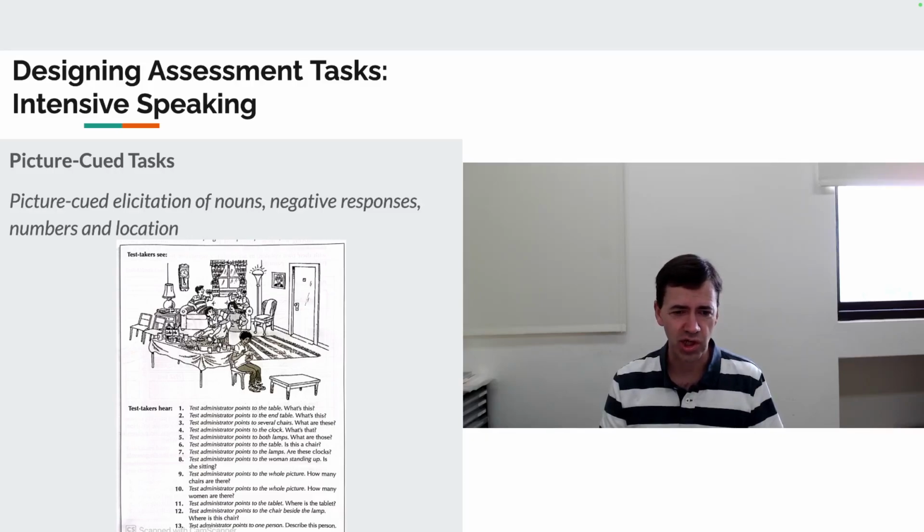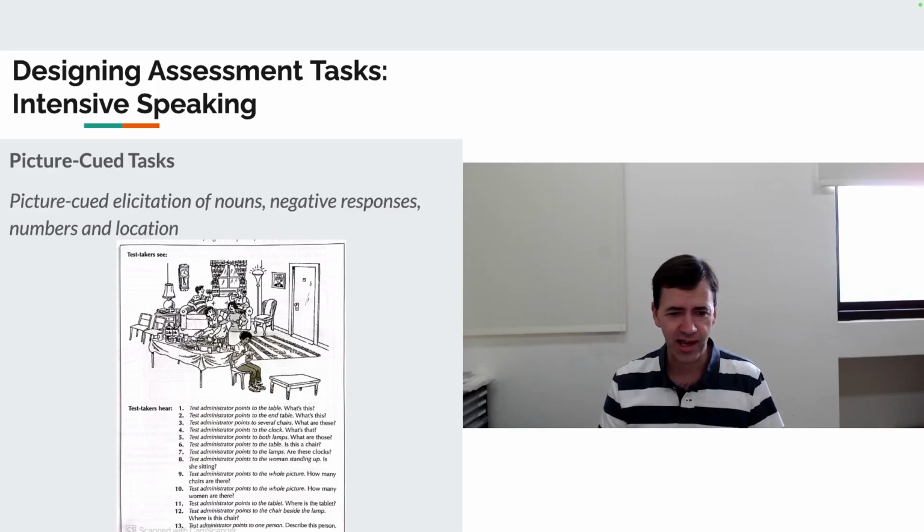And then we've got numbers. How many chairs? How many women? Where's the tablet? For those questions at the end, I'm not actually pointing to those things. I'm just saying, in the picture, how many chairs are there? So they have to know the noun and they have to do the grammar right.